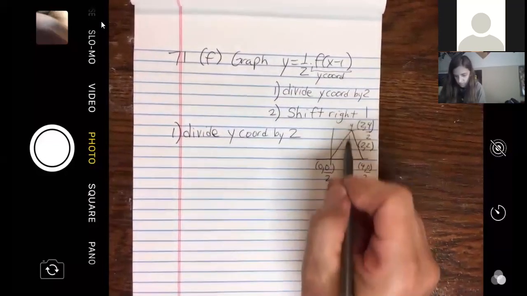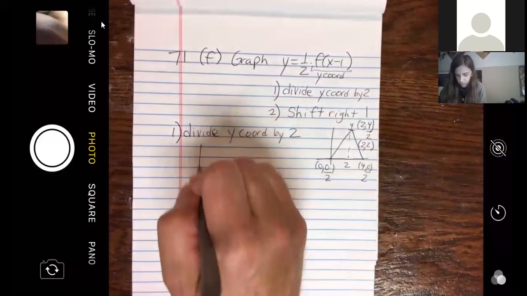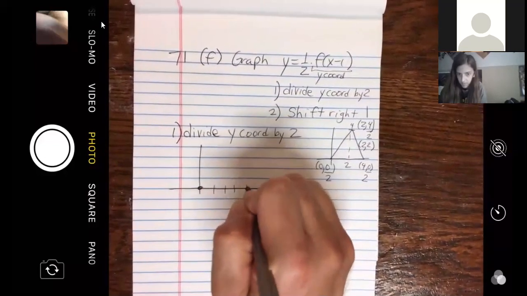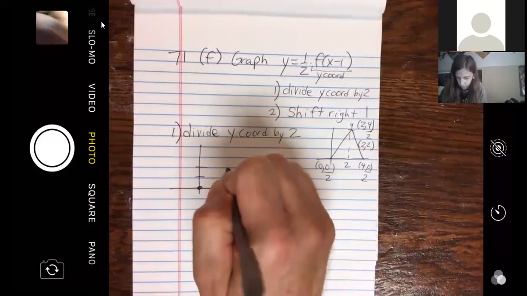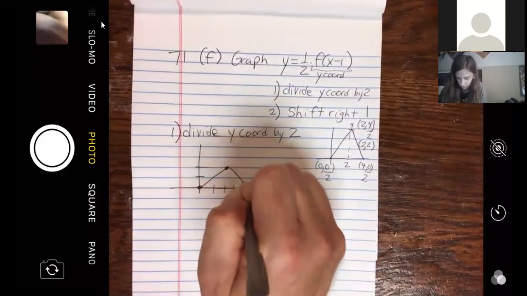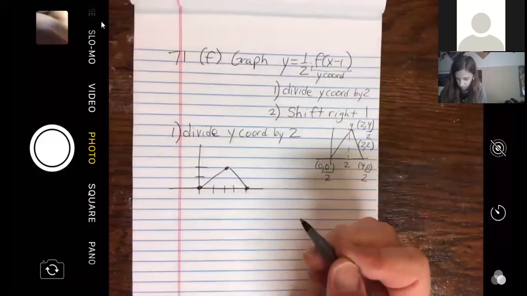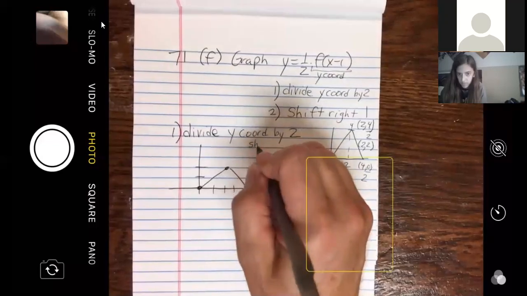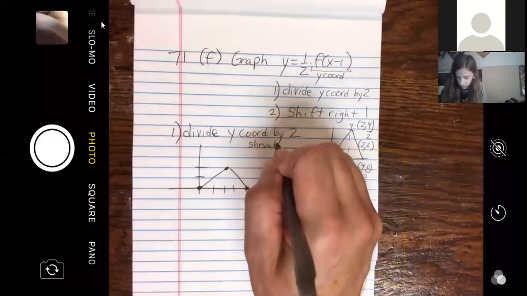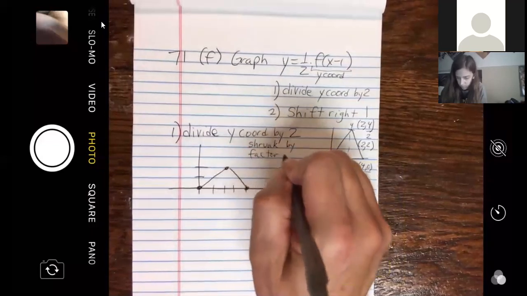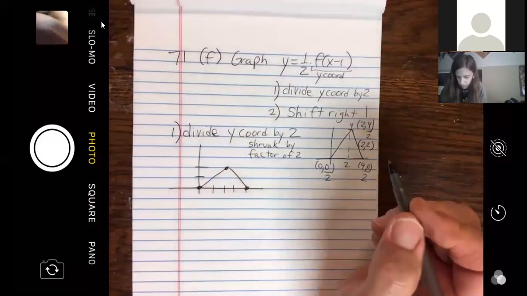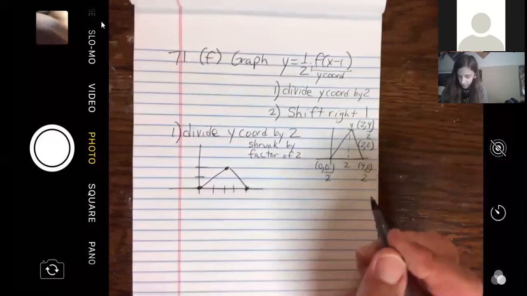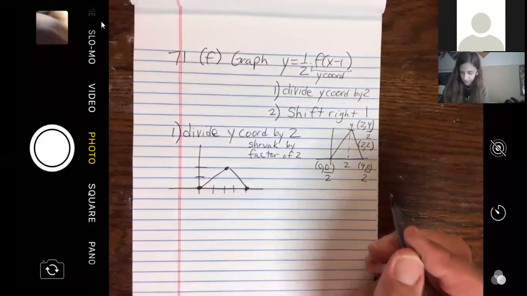Can you tell that's going to shrink it by a factor of 2? 0, 0. 4, 0. You shrunk it by a factor of 2. By itself. This too fast? No, this is good. I'm getting it all written.